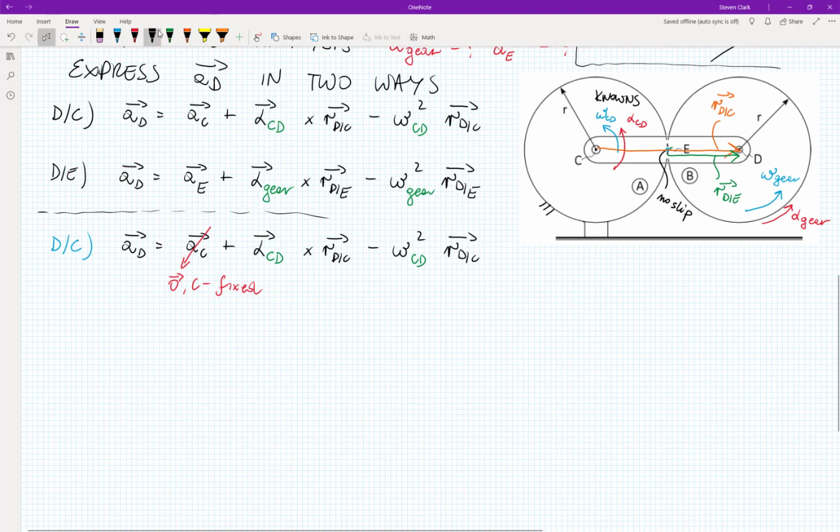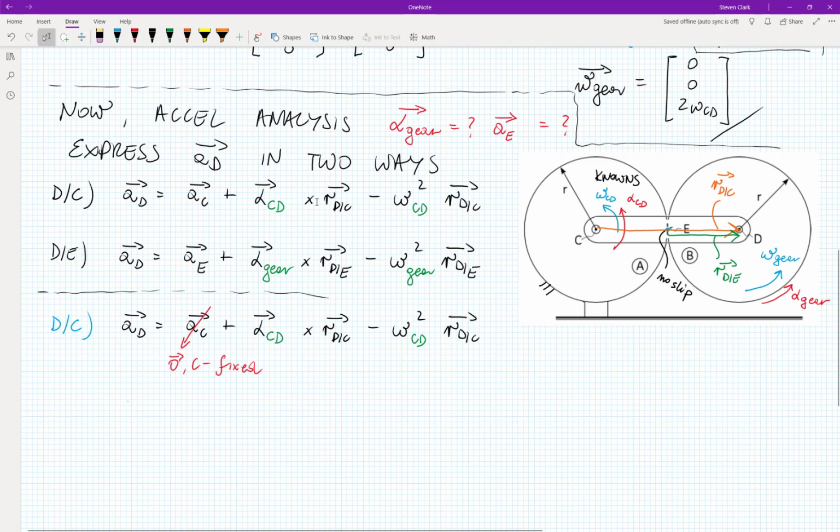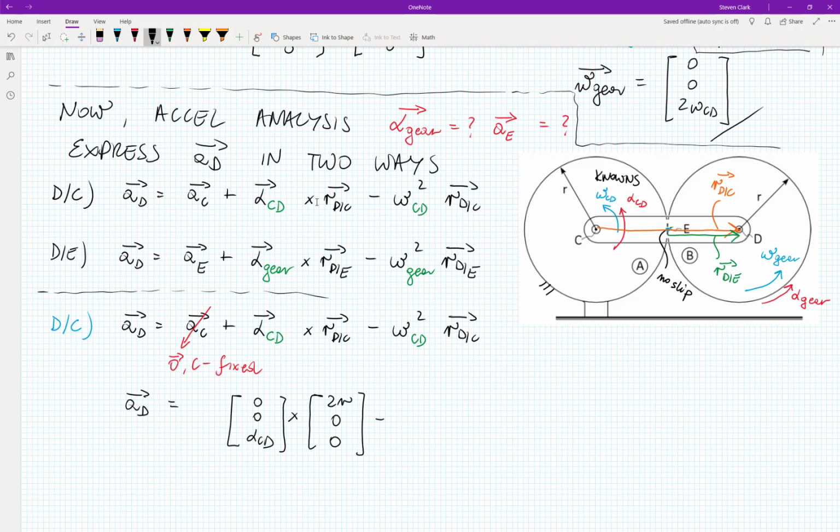Okay, so now acceleration of point D is equal to 0, 0, alpha CD times RDC. And RDC is already on the board. It's an orange vector. So this will be 2R, 0, 0, minus omega CD squared times 2R, 0, 0.